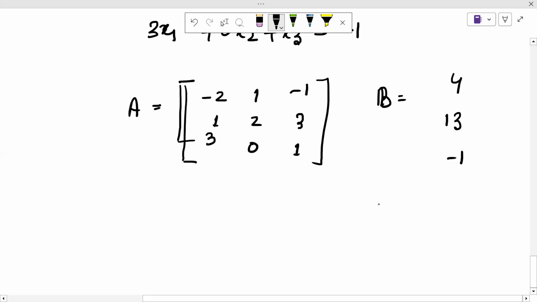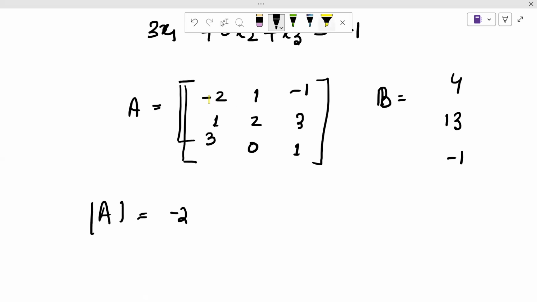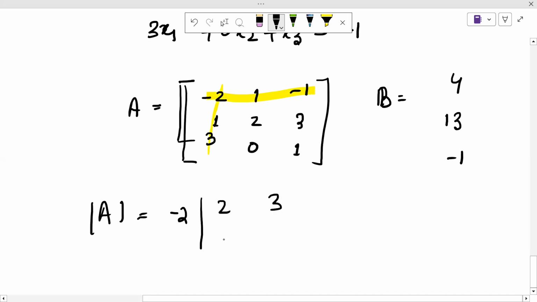First of all, we evaluate this determinant A. If determinant A is not equal to 0, then you can evaluate the solution by the matrix method. So this is -2 times the determinant of the remaining elements after omitting its row and column, that is the determinant of 2, 3, 0, 1.